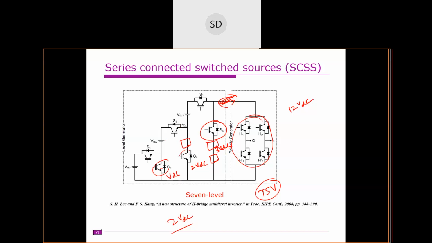So what is the blocking voltage of this switch S3? S1 is already calculated, right? What is the blocking voltage of that switch, S3 and S5?